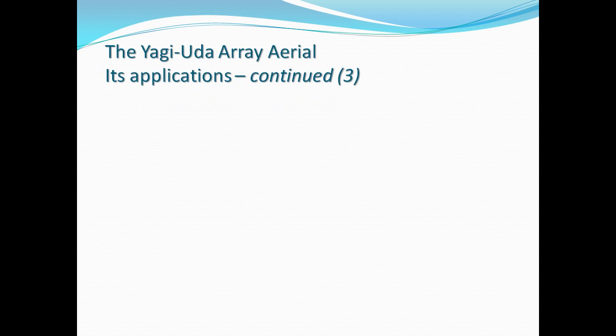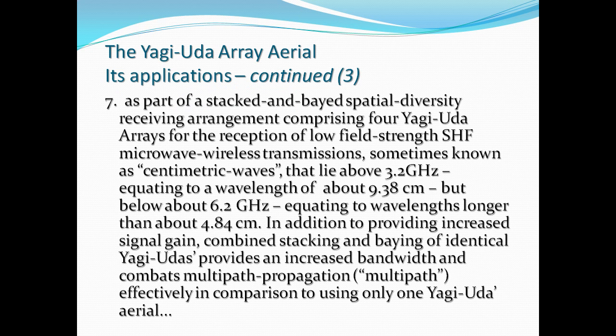The Yagi-Uda array aerial, its applications continued. Number 7. As part of a stacked and bayed spatial-diversity receiving arrangement comprising four Yagi-Uda arrays for the reception of low field strength SHF microwave wireless transmissions, sometimes known as centimetric waves, that lie above 3.2 GHz, equating to a wavelength of about 9.3 centimeters, but below about 6.2 GHz, which, as I've said, equates to wavelengths longer than about 4.84 centimeters.